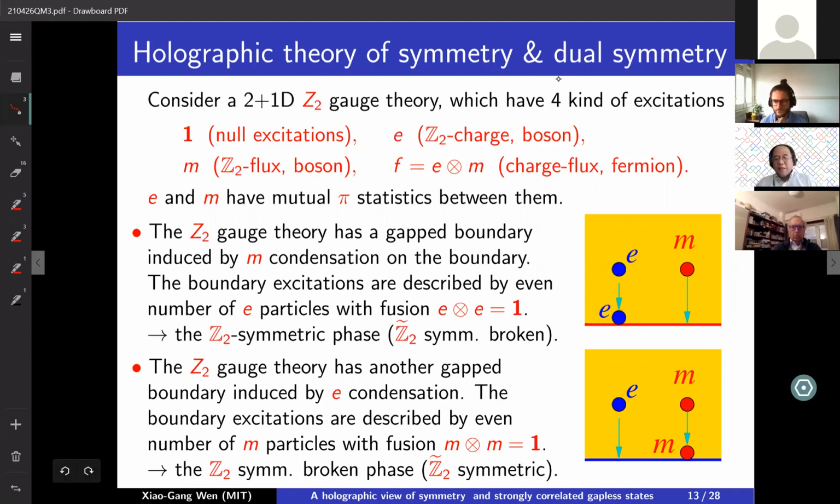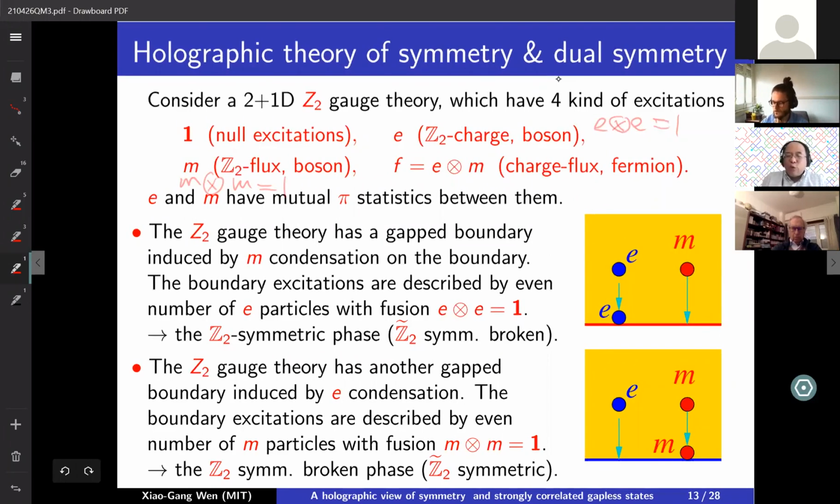Okay. And this exactly corresponds to what we talked about, the mod 2 conservation. I did not mention this. This M also has a mod 2 fusion rule. And the E also has the same mod 2 fusion rule.